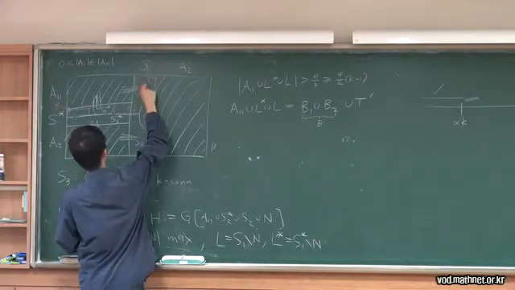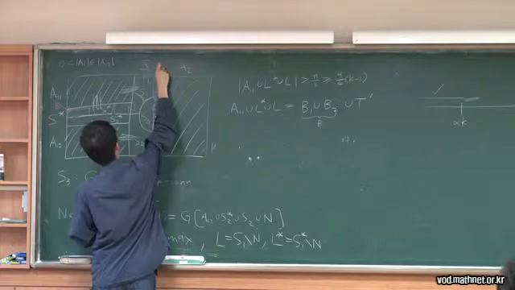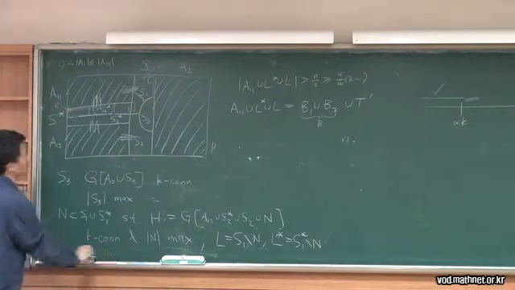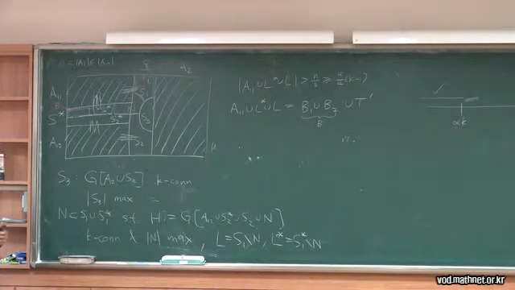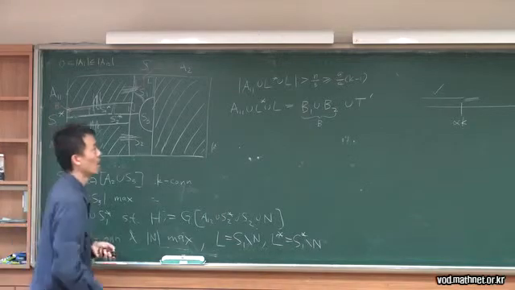B has to be just two parts here. So B1 and B2, so B has to be outside of A11. So it must be there and there, right?